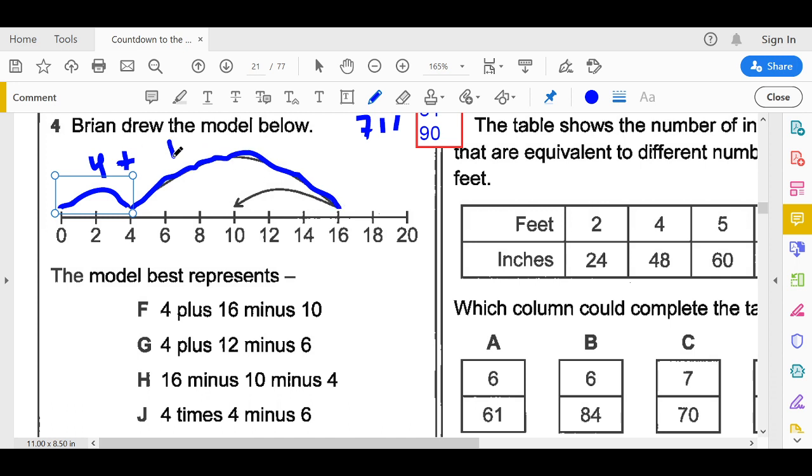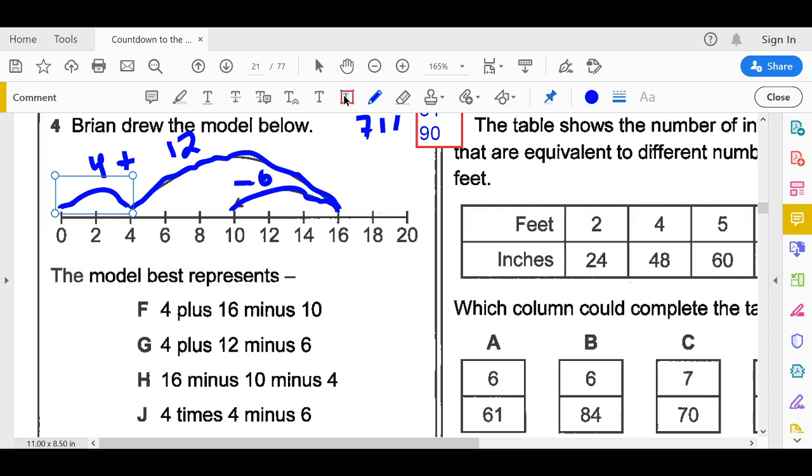So 4 plus 12. That is the second jump. And then, amigos, remember that when the arrow goes this way, it goes in the opposite direction. That is a minus. And let's see minus what? Minus 2, 4, and 6. Minus 6 right there.